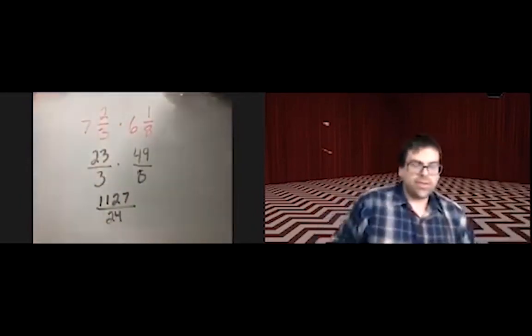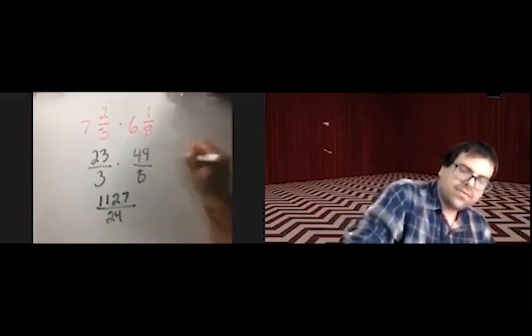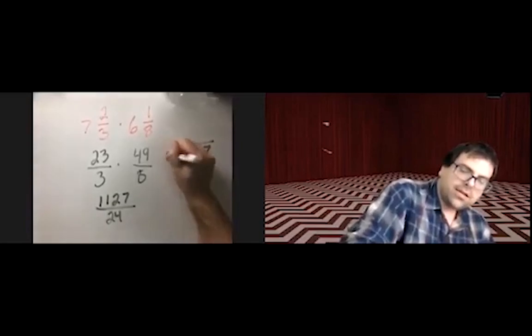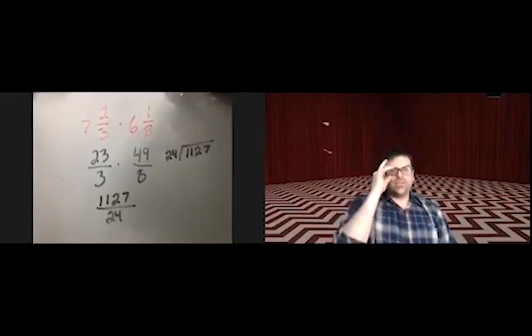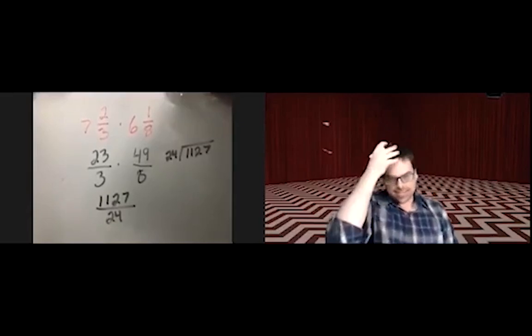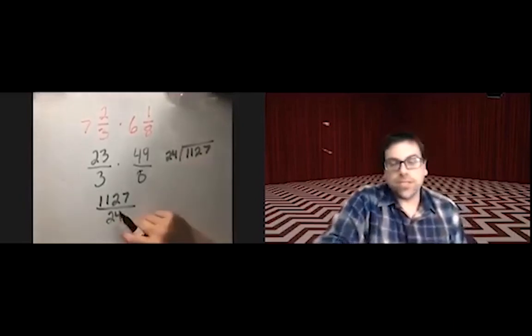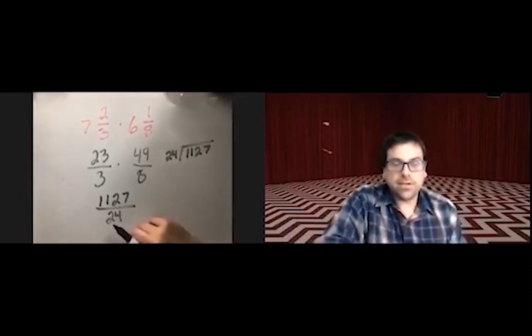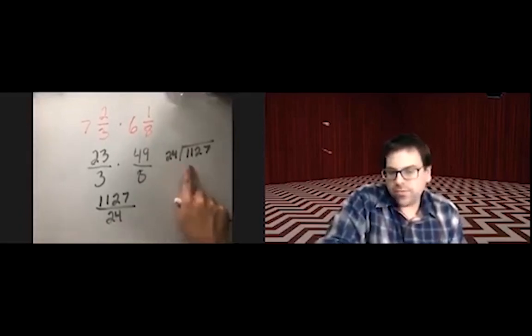We do that with division. 1,127 divided by 24. Now you're seeing why we did so much work with division for the last test. We need it. 24 goes into 112. How many times? Well, 25 goes into 100 4 times, and 112 is about 100.